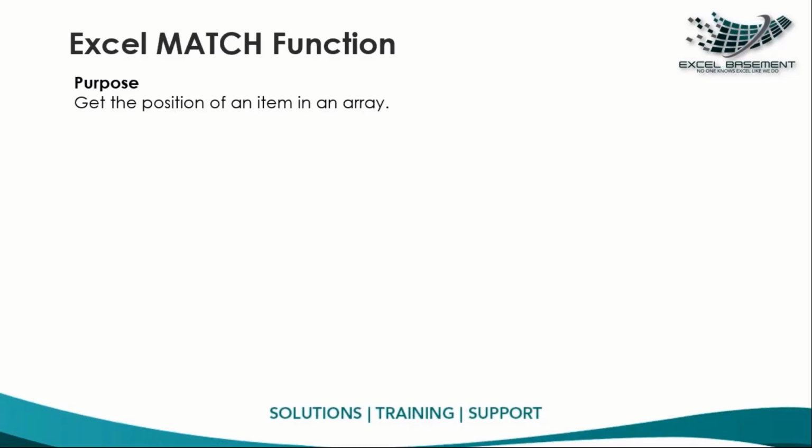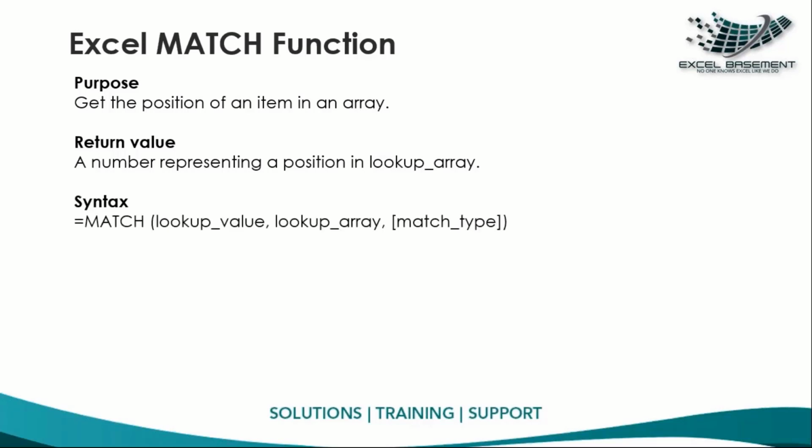The first thing about the MATCH function is: what is the purpose of this function? The purpose of this function is to get the position of an item in an array. The return value is a number, the position in a lookup array. Whenever we write any Excel function or formula, we start with an equal sign, then the name of the function.